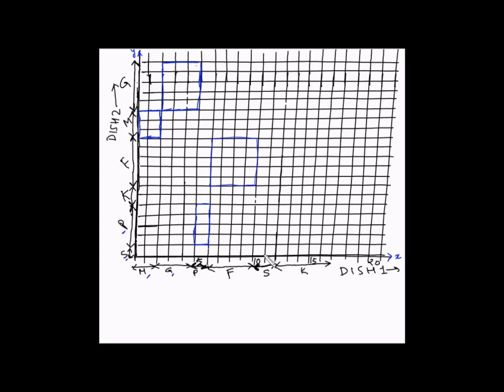Similarly, for S, 2 hours on the x-axis and 1 on the y-axis. So we'll draw the rectangle. For K, 5 hours on the x-axis and 2 hours on the y-axis.